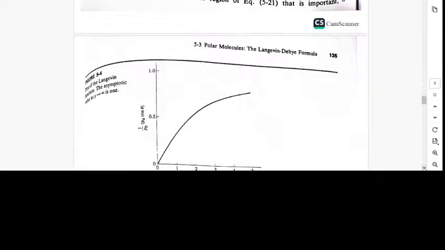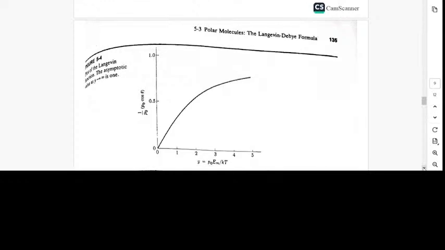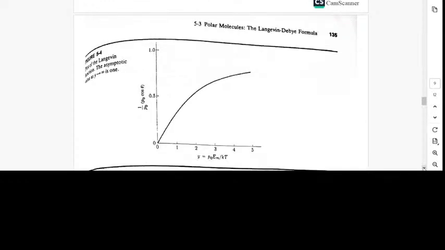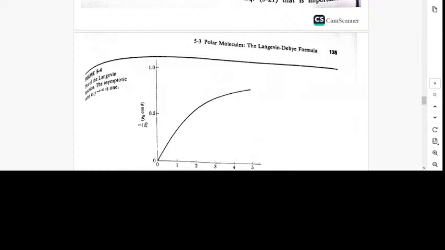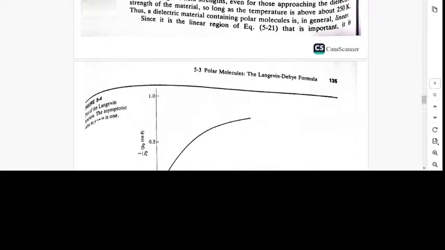We can see figure 5.4 on the next page, on page number 135. We can see that on the x-axis the value of y is given, and on the y-axis the average of p naught cos theta over p naught is given. This plot is obtained from equation 5.21.